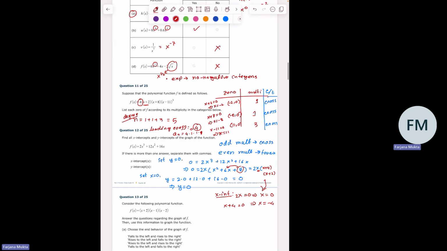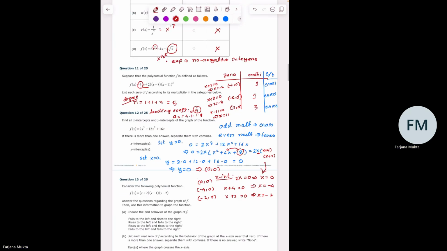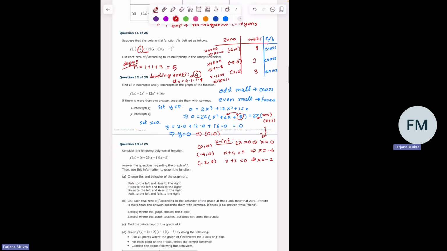The last factor, if you set x plus 2 equals 0, we get x equals -2. So x-intercepts are 0, 0, -4, 0, and -2, 0. And the y-intercept was just 0, 0. All right, I hope it makes sense.